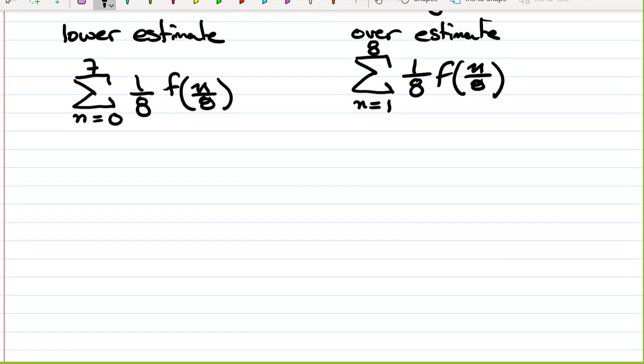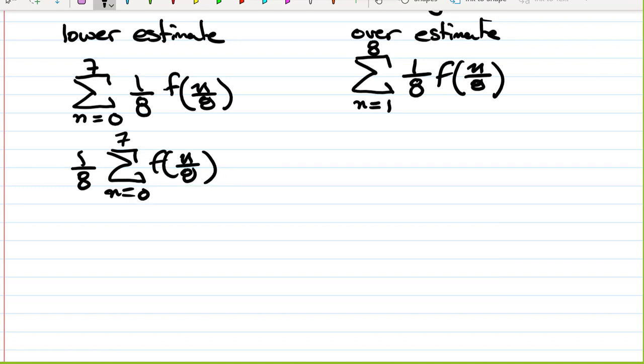Something we may remember from pre-calculus is that we can pull constants out of sums. So for simplicity, we can do 1/8 times the sum as n goes from 0 to 7 of f of n over 8, and the same thing here, we pull the 1/8 out in front, the sum as n goes from 1 to 8 of f of n over 8.